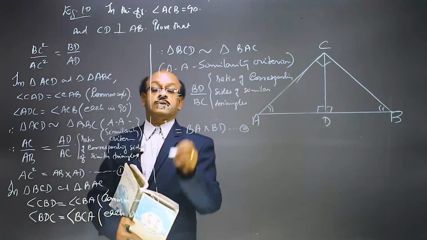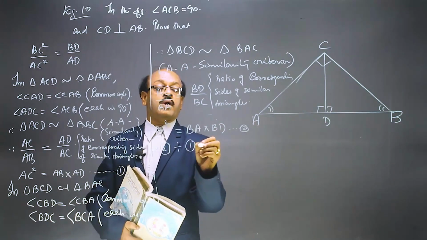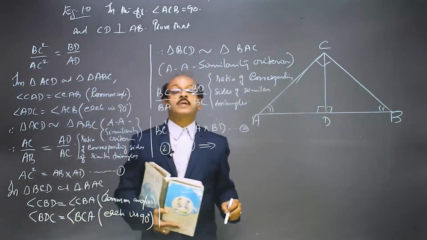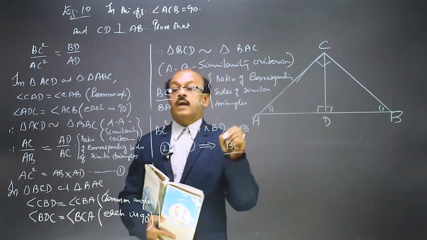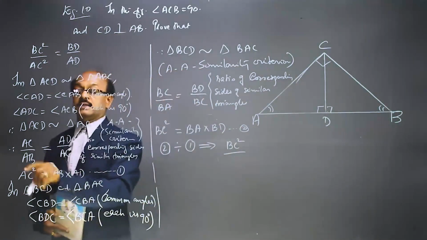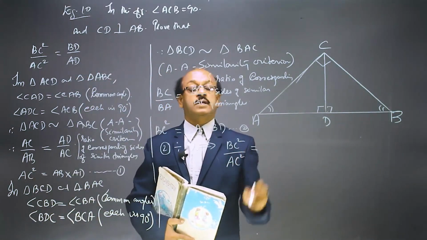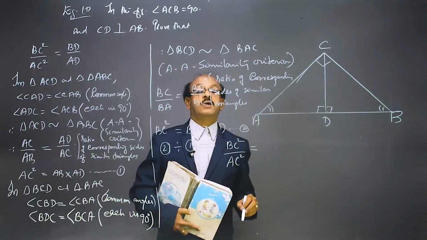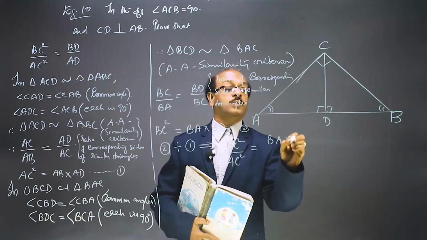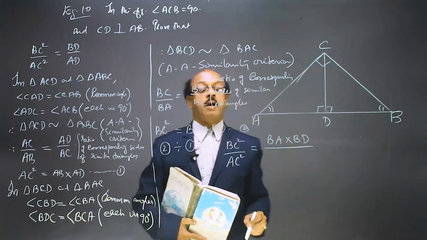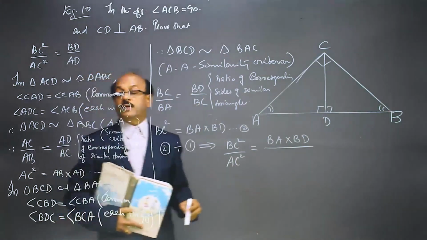So, equation number 2 divided by equation number 1: BC square by AC square is equal to BA into BD divided by AB into AD.